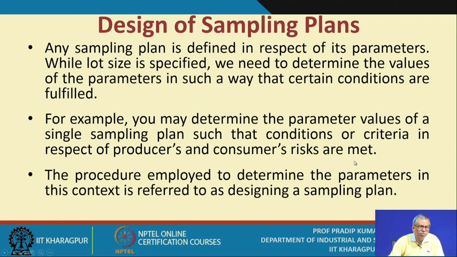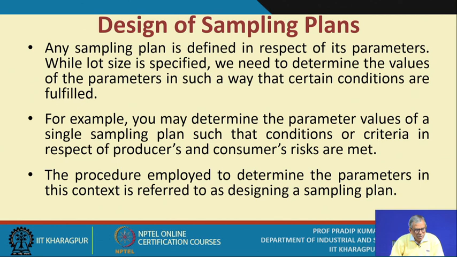We have already pointed out that there will be producer's risk and there will be consumer's risk, whatever the design quality of a sampling plan may be. So you specify the acceptable value of alpha and the acceptable value of beta, and then you need to design and recommend a sampling plan.